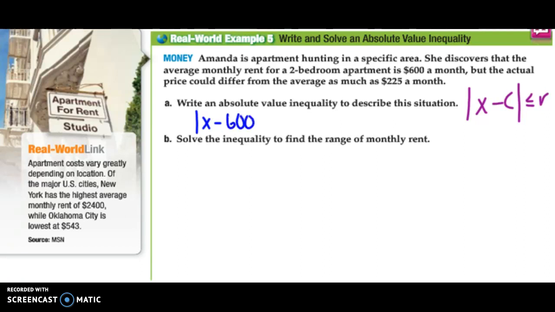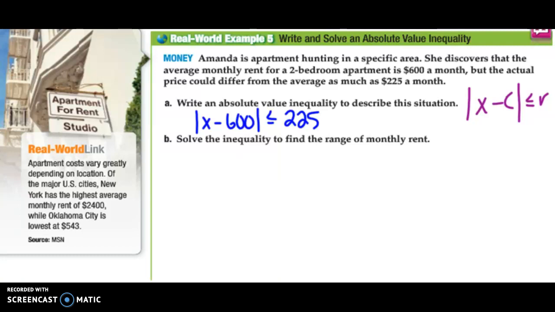The central price is around 600, and it could differ from the average by as much as $225 a month. Now, over there I wrote less than or equal to because I want this to be a compound amount. Not like it's going to be more than $225 a month or less than $225 a month from 600. It's going to be right in between.